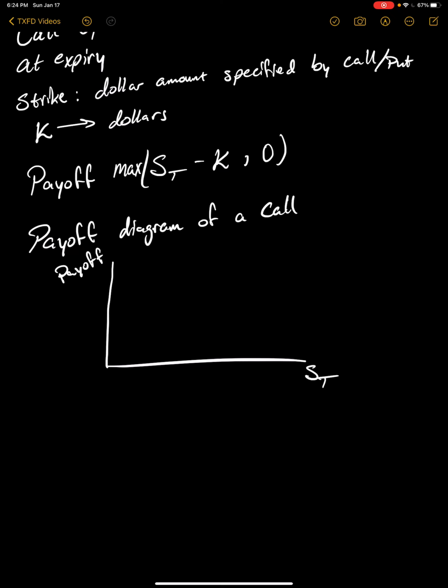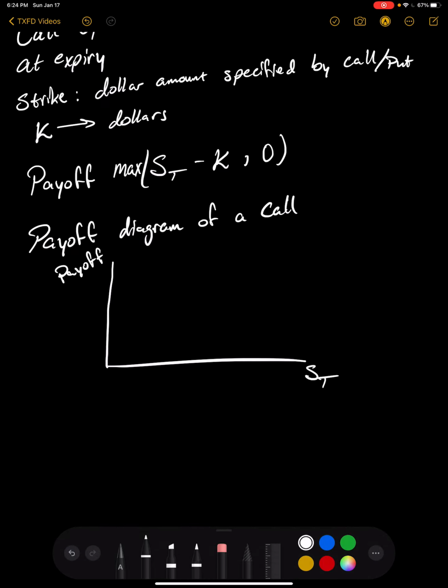Some good points to mark off here: the maximum payoff happens when the stock price is at infinity. So we have an unbounded maximum payoff, right?